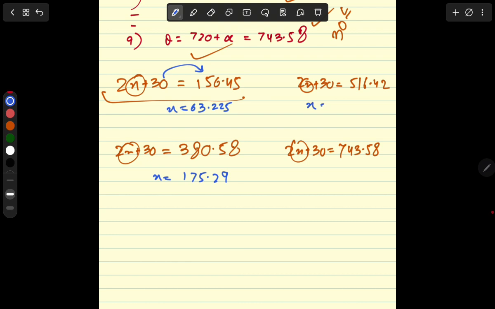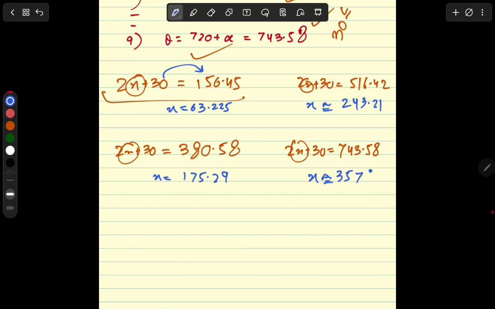This is 516 minus 30, which is 486, so 243.21, and this one is going to be 713, so 356.5, approximately 357.